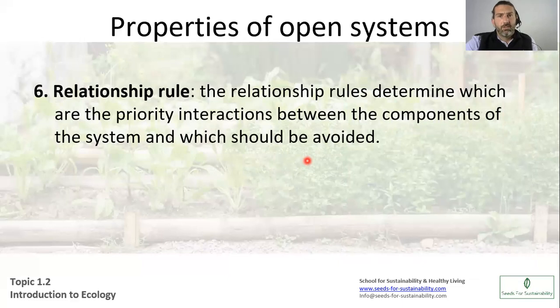We have the so-called relationship rule. Now this one determines which are the priority interactions between the components of the systems and which should be avoided.